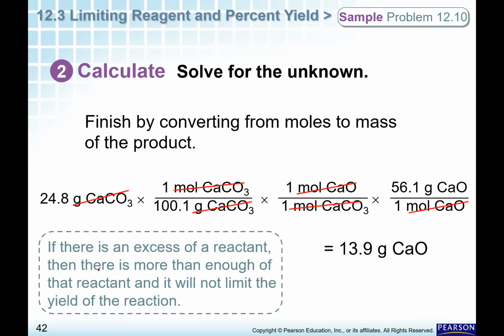So the answer is 13.9 grams. So if we run such a reaction with 24.8 grams of calcium carbonate, theoretically, on paper, the maximum number of grams that we can produce is 13.9. So this is your theoretical yield.